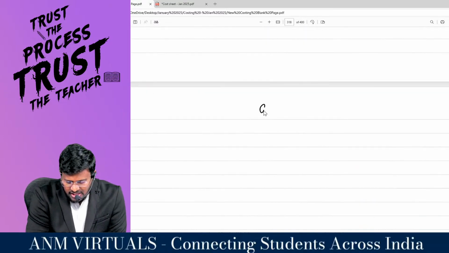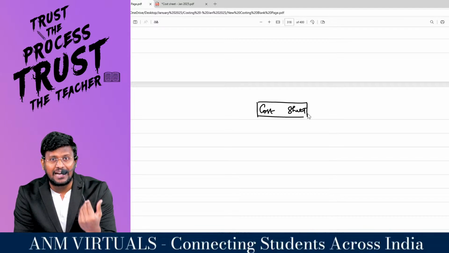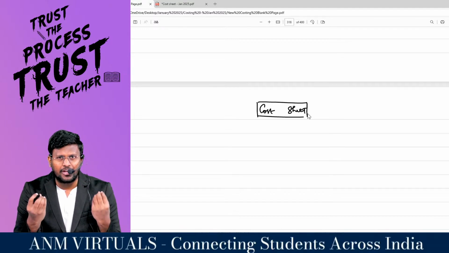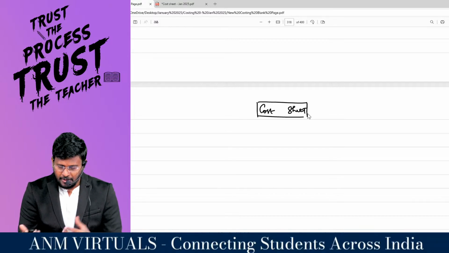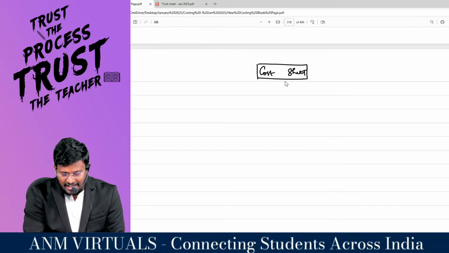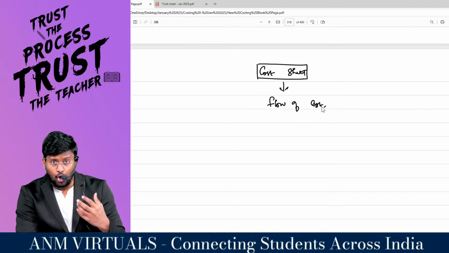Understand the cost sheet as the cost we are incurring. As a businessman, if you have to manufacture a pen, you have to incur the cost. Correct? So, my dear lovable students, cost incurring is called the flow of cost.